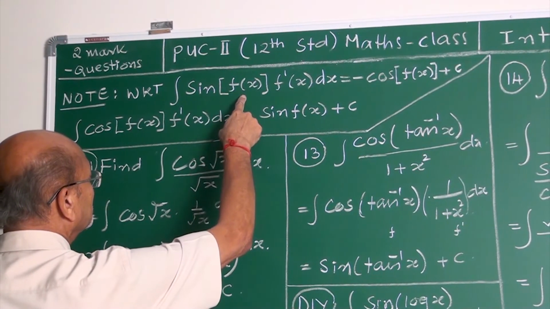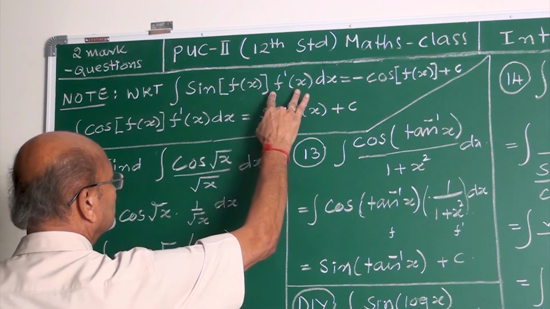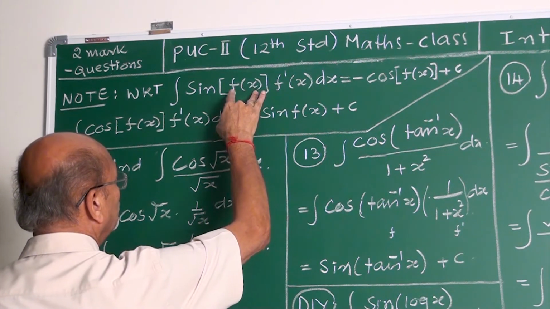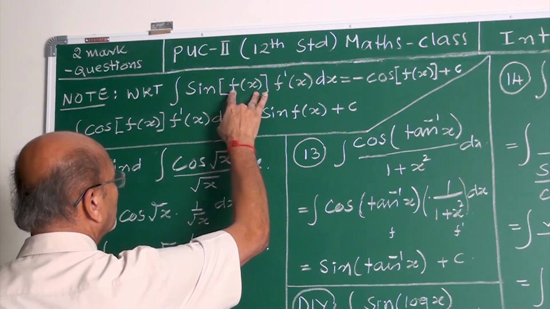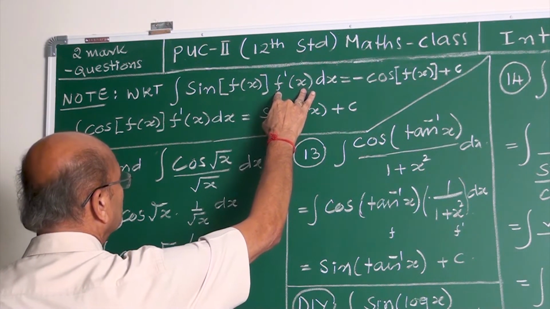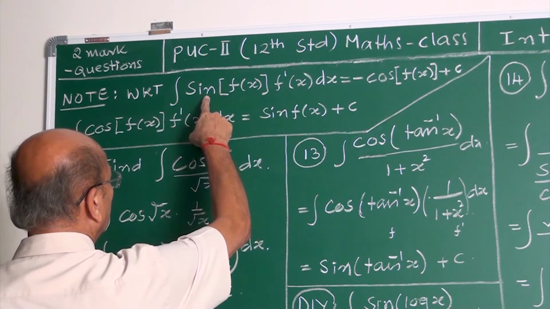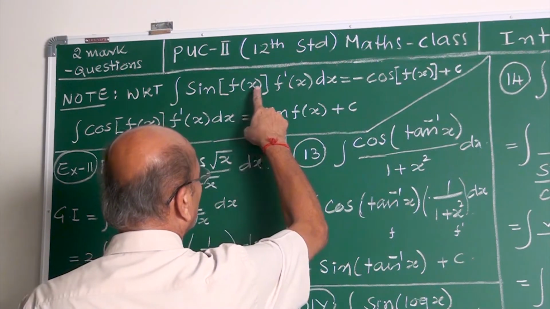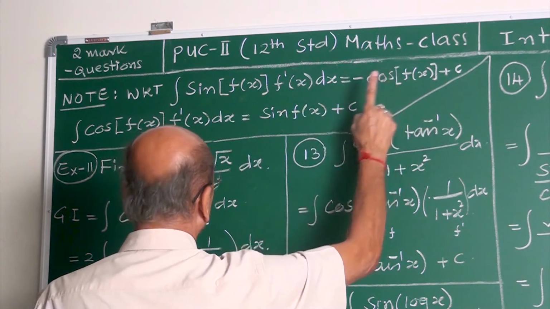But in this case, the angle is any function of x. If it is other than x, outside needs its derivative. If it is x, the derivative of x is 1, so we are not writing it. So the integral of sin f(x) into f dash x is just minus cos f(x), whatever it is there, plus c.